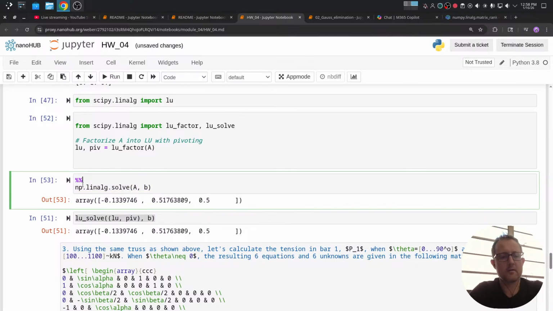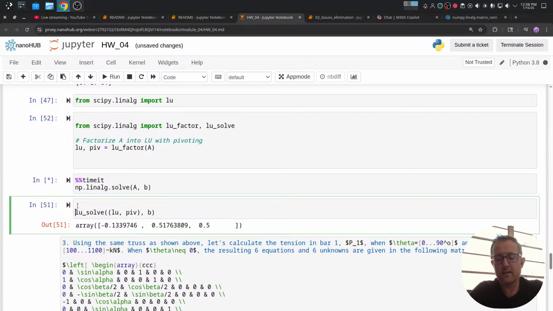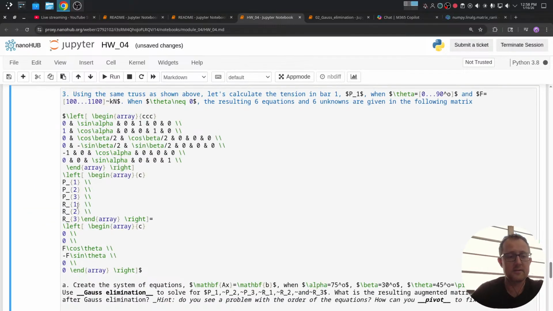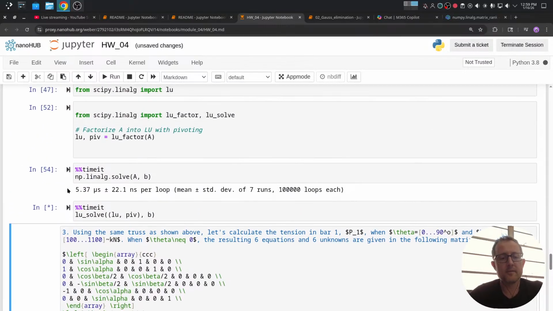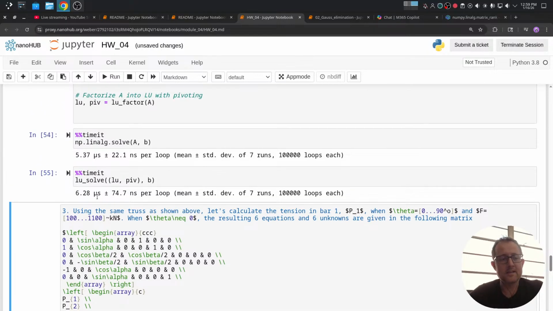Now, this is where our timeit comes back in. I didn't ask you to time these, but I'm just showing you, we know how to use timers. This is where we can start asking, is it worth our time to go through this process? So it took 5 microseconds just using the solver. It takes 6 microseconds using LU solve.